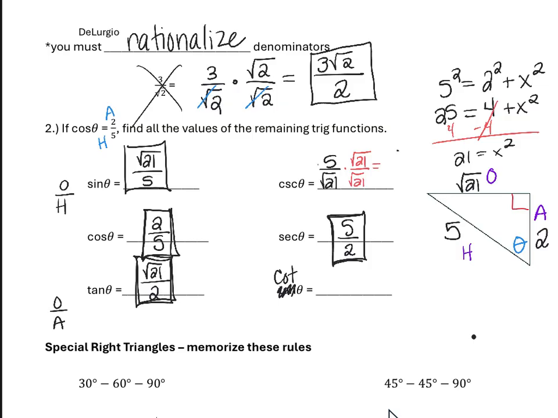So in the numerator, we get 5 root 21. In the denominator, when you square a square root, you are left with the radicand. And that is simplest form. Okay, same thing with cotangent. When we take the reciprocal, we're going to get 2 over root 21. And then we have to rationalize.